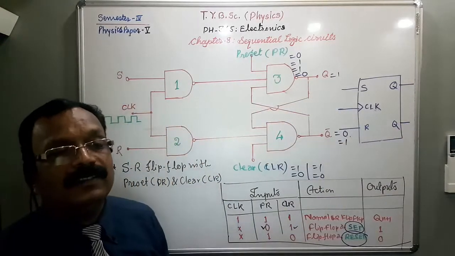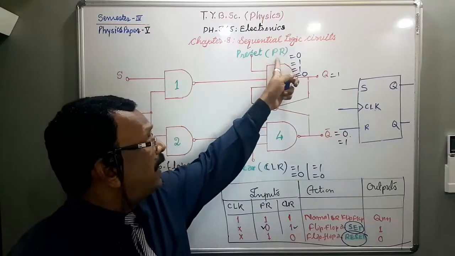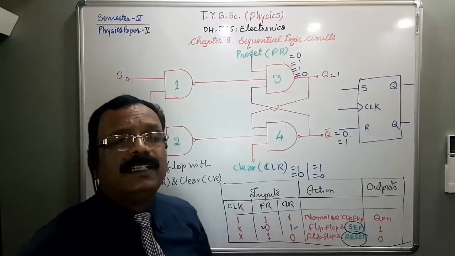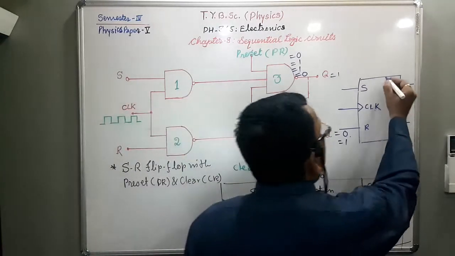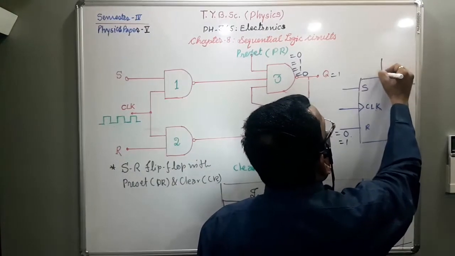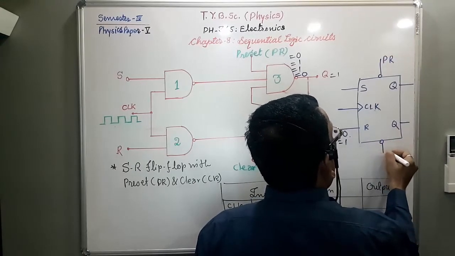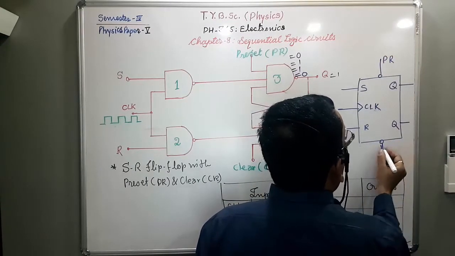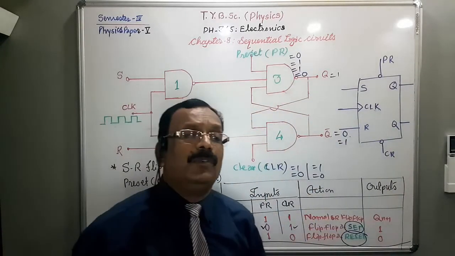Now here in this figure, in the present case, these preset and clear terminals are not shown. Now I am going to show this. This is the terminal for PR and this is the terminal for CLR. Note that both these bubbles are very important.